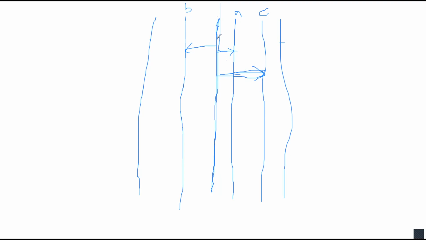Are you getting what I'm trying to say? So higher the deviation means higher the risk in whatever you do. Close to zero is better. So this is one of the applications.